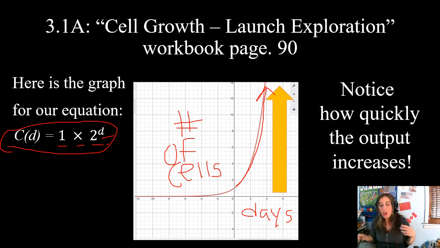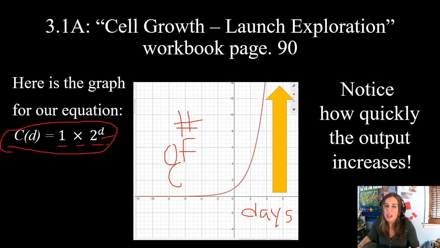I don't know if you've ever heard the phrase, this is growing exponentially. That implies that we are having a really big increase of output over smaller bits of input, okay? Our input is only increasing here a day at a time, but look at how quickly the number of bacteria cells spikes up like that. It's crazy, right? It's just something good for us to take notice of, okay?